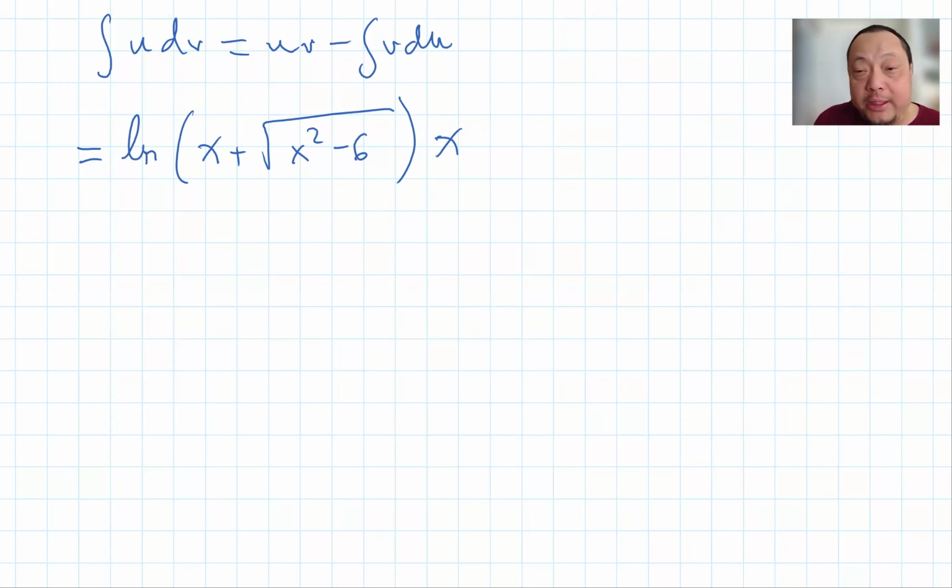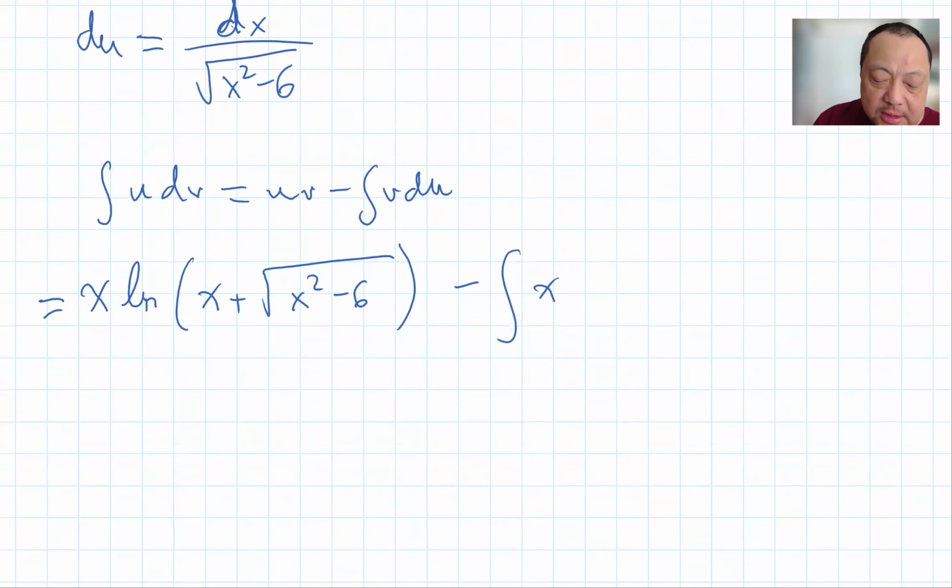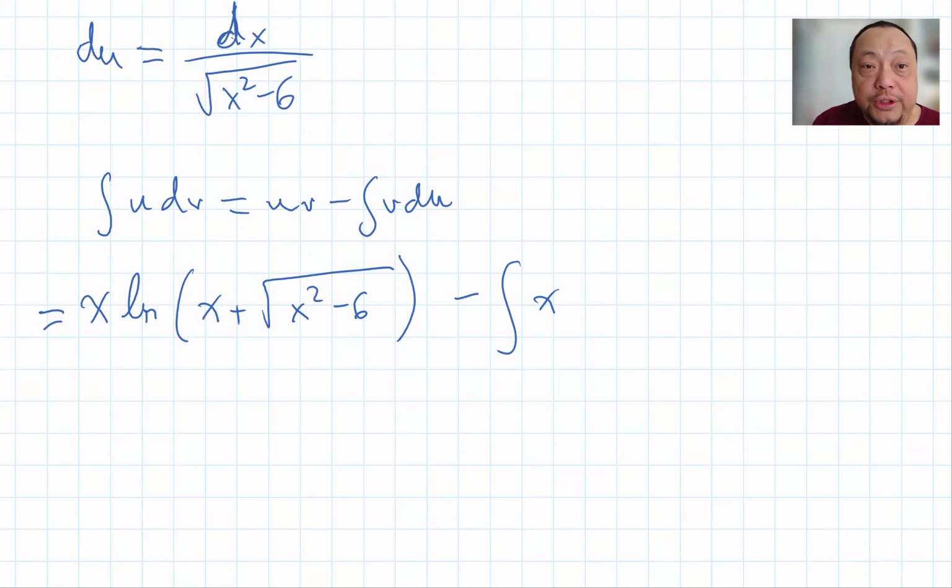But I don't like putting the x in the back here because it's ambiguous as to whether or not it's part of the ln. Just to avoid any confusion, I'm going to put the x in front. Minus integral of v du. v is just x, and du is dx over square root of x squared minus 6, so dx.